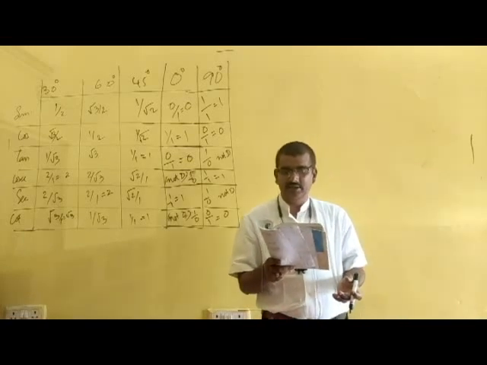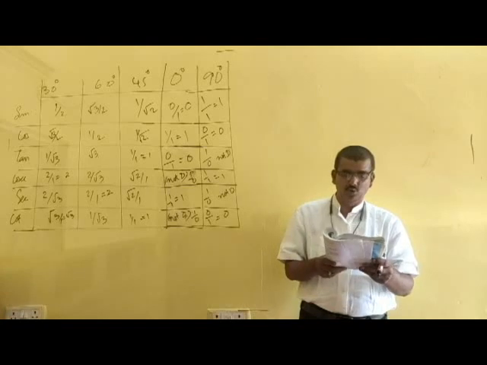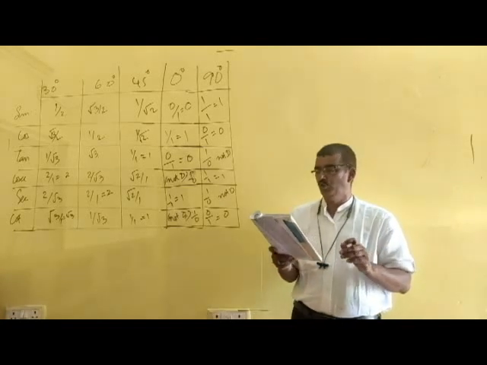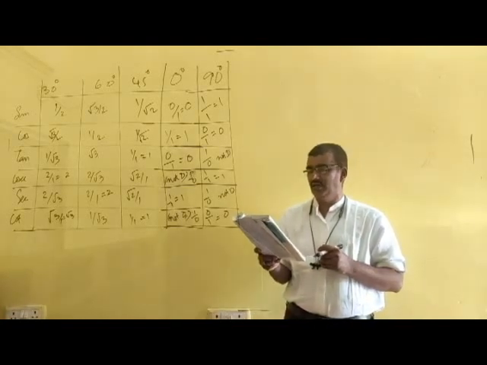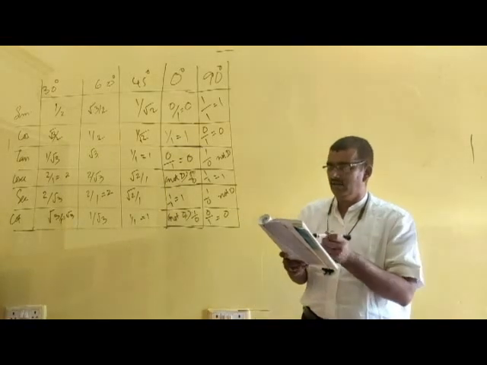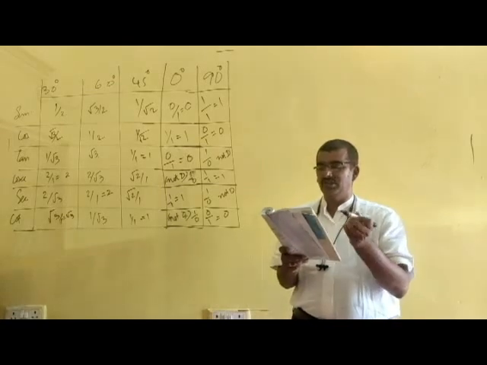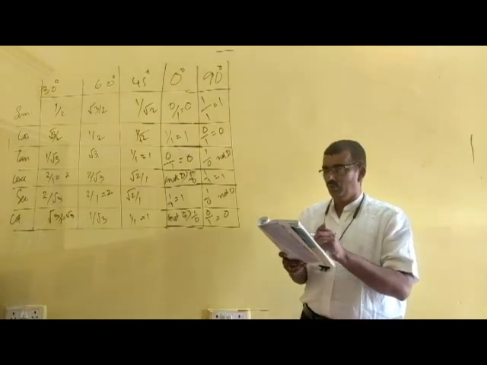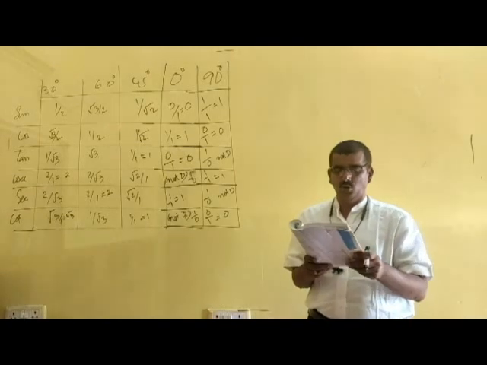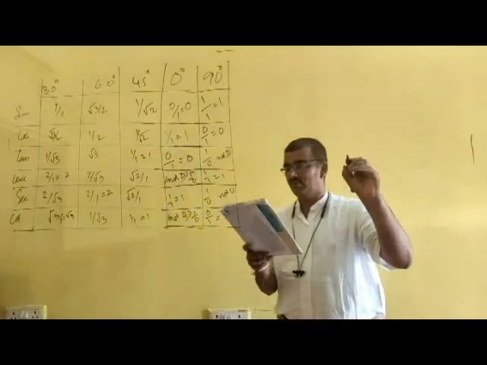And third, that is sin 2A is equal to 2 sin A. Is it true or false? You have to substitute any one angle and double it, then check whether you are getting 2 sin A. If it is true, you have to write at which angle it is true. Any one angle, 30 degree you can select.